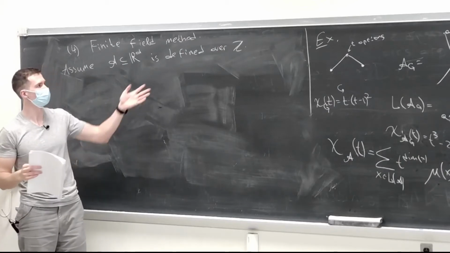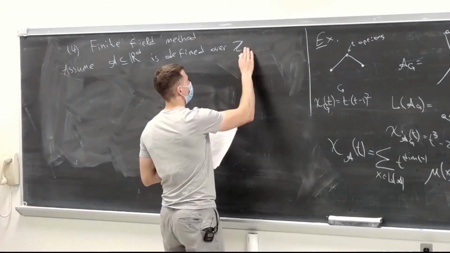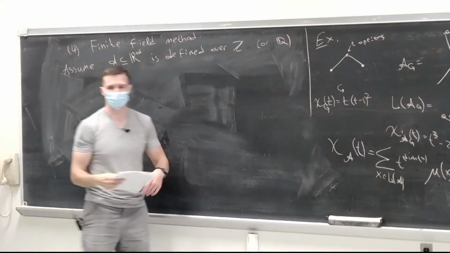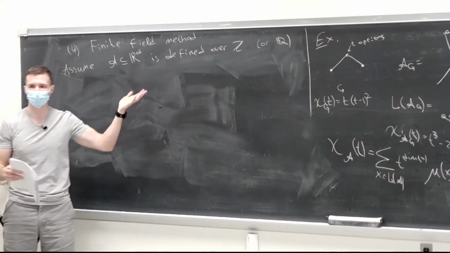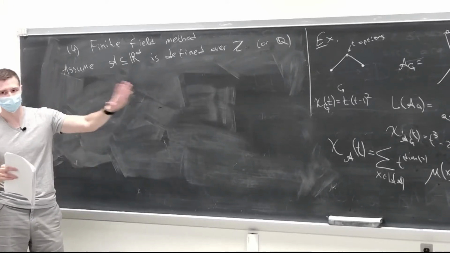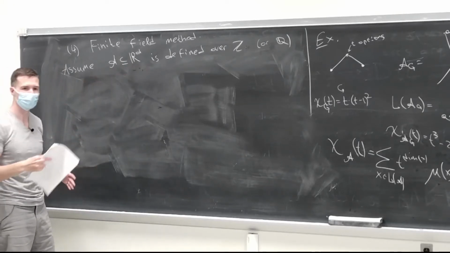Or you may assume the coefficients are rational, then you can multiply both sides by some integer and get an integer equation. And all examples we had so far satisfy this property.